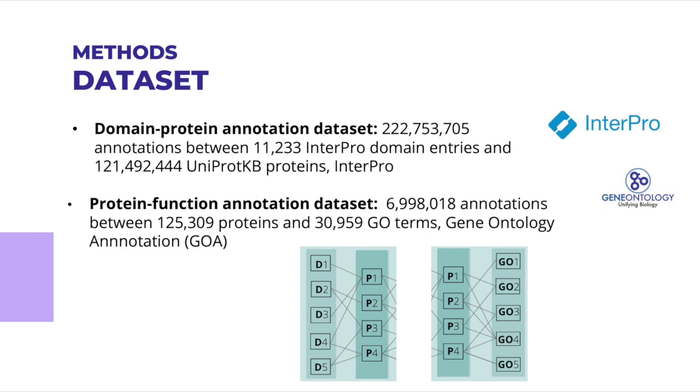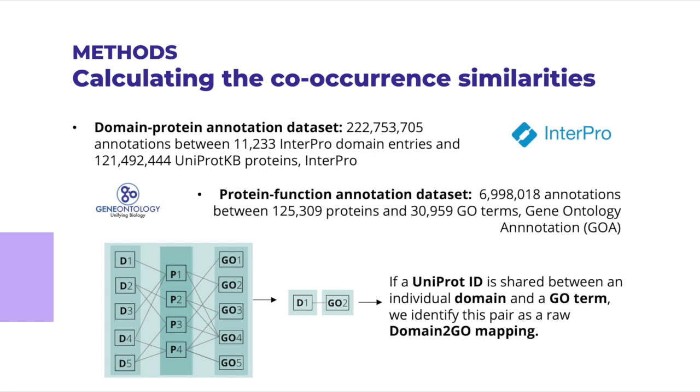To enrich the annotations, we propagated the GO terms in the dataset to their parent terms based on their is-a and part-of relationships. Next, we continued by mapping these two datasets by utilizing shared UniProt IDs between domains and GO terms. When a UniProt ID was found to be co-annotated with both a specific domain and a GO term, we considered this pair as a raw Domain2Go mapping.